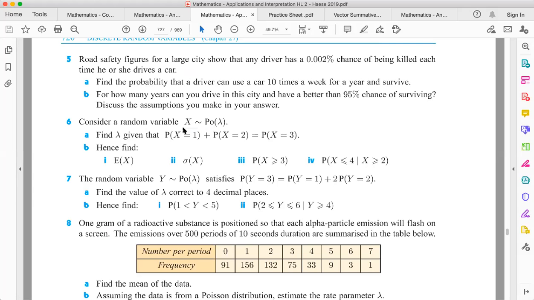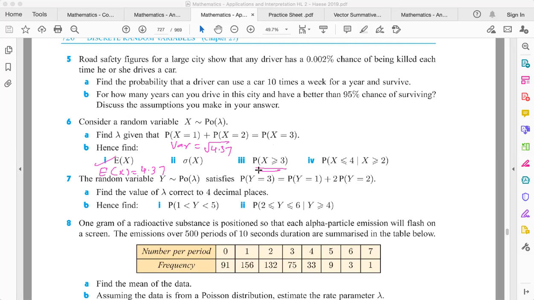Here they haven't specified lambda being positive or negative, so you could have taken the negative value of lambda unless specified so. So the expected value we got was 4.37, and so is the variance. So the deviation is going to be the square root of 4.37.